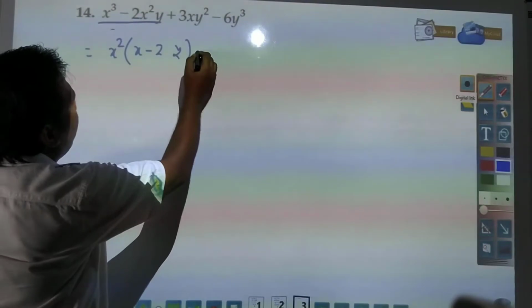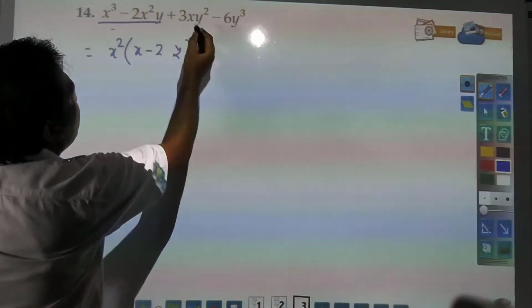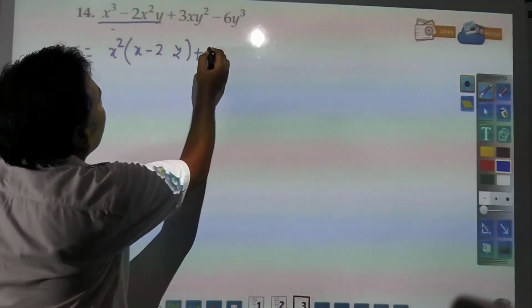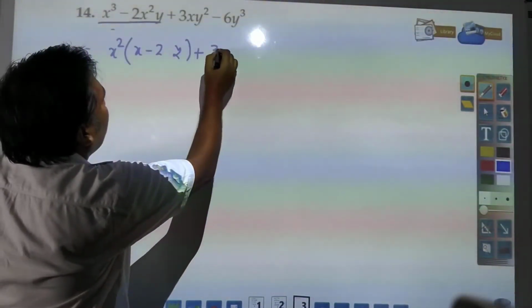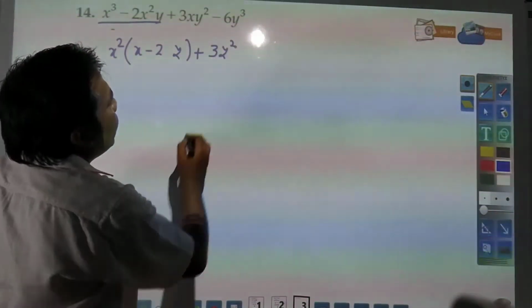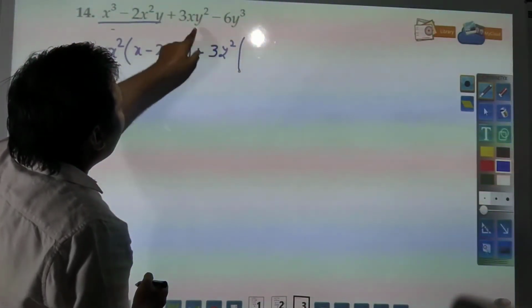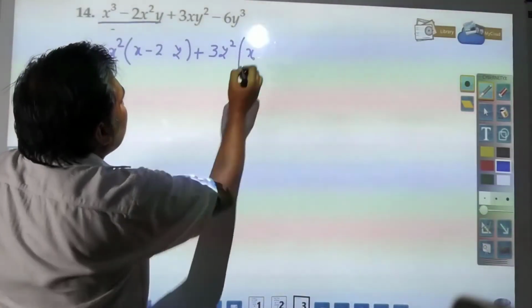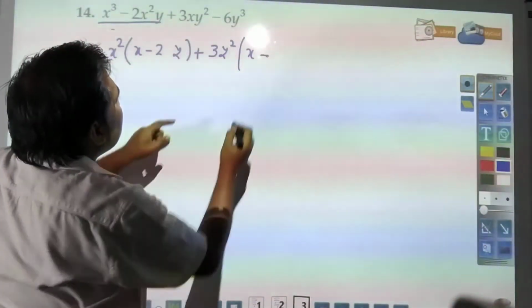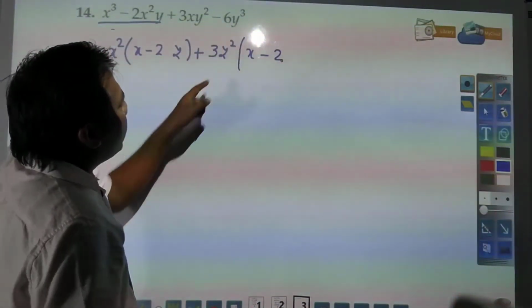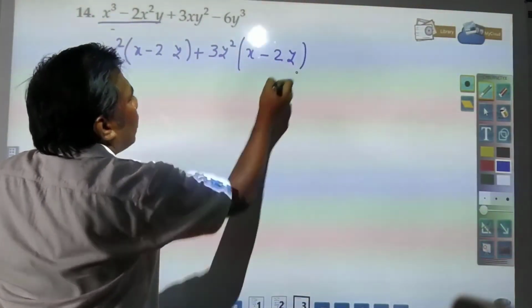And then you will have plus, here you see 3xy square and 6y cube, common can be taken out 3y square. So you will be left with x, and minus 3 twos are 6, y square you have taken out, means you will be left with y.